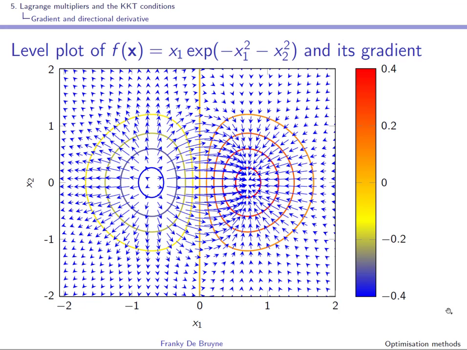Remember that the gradient is the direction of steepest ascent. We'll now concentrate on one point on a level curve here in gray with its gradient vector and zoom in on this. Well, this is the point that we had considered, right?